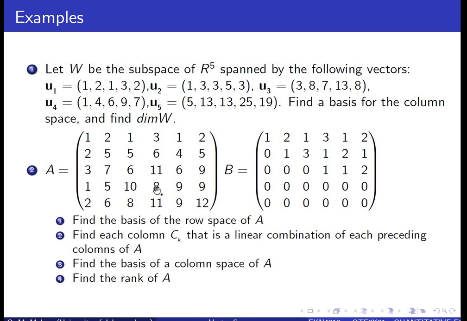In example number 2, we have this matrix here, 1, 2, 3, 4, 5 and 1, 2, 3, 4, 5, 6. It's a 5x6 matrix. Obviously, it's not impossible, but it's a little time consuming to reduce it to echelon form.